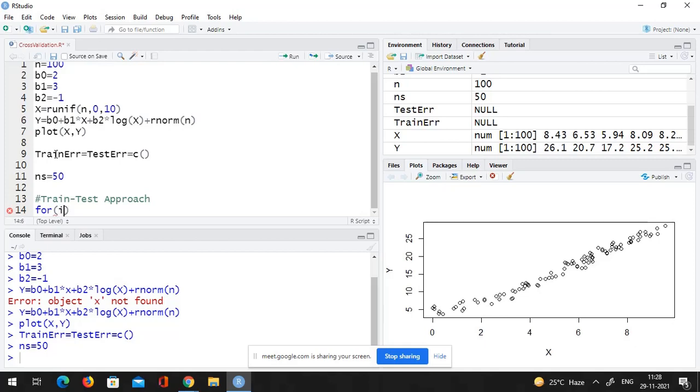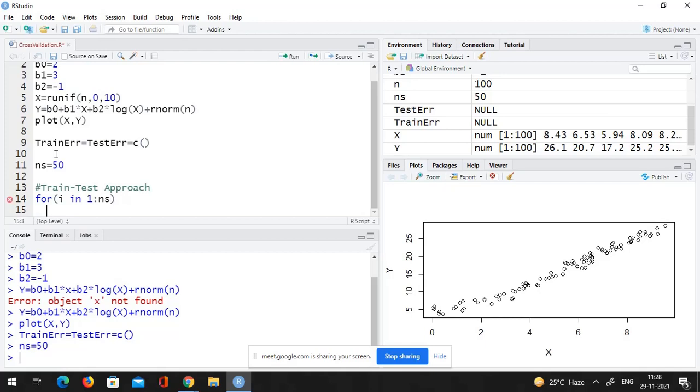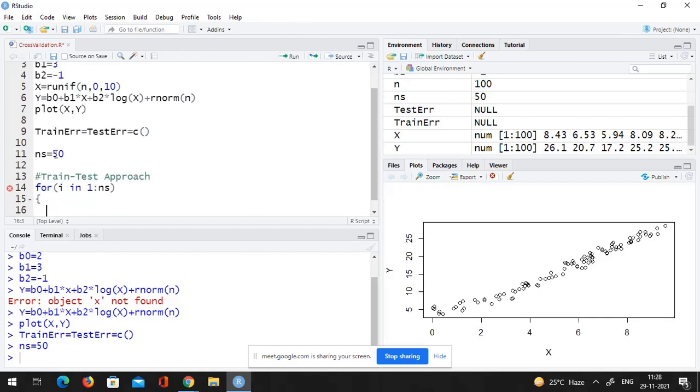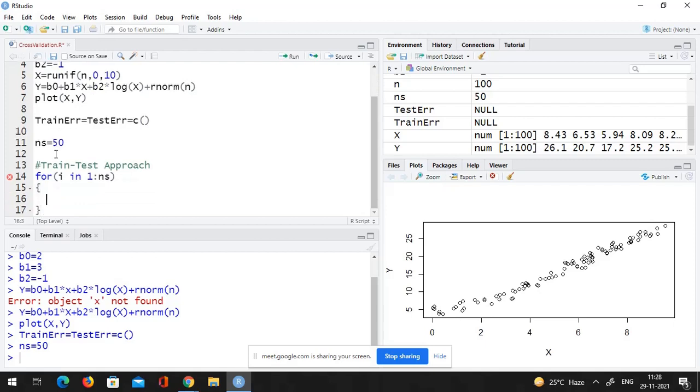Okay, so for i in 1 to ns, what is the first thing I have to do? I have to randomly divide my data into two parts.